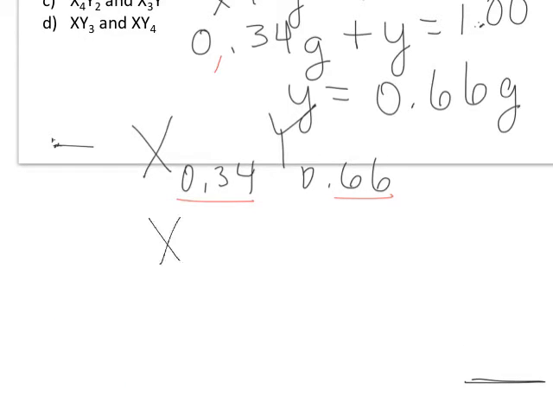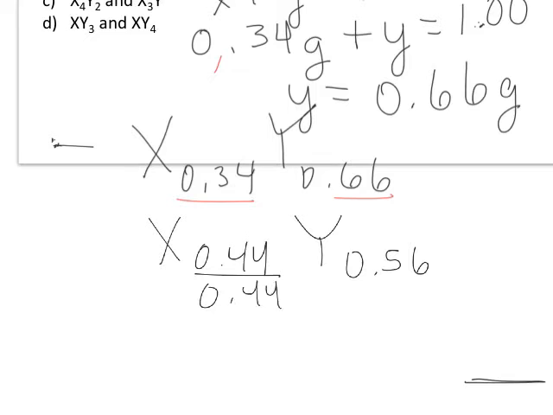We have X 0.44, and if you solve for Y, you'll get Y equals 0.56. You do the same thing: 1 minus 0.44 gives you 0.56. Now we divide by the lowest subscript, so each one's going to be divided by 0.44 because we want to get the fractions out of the subscript.